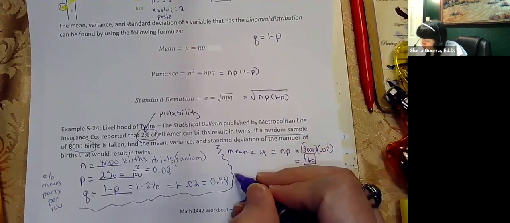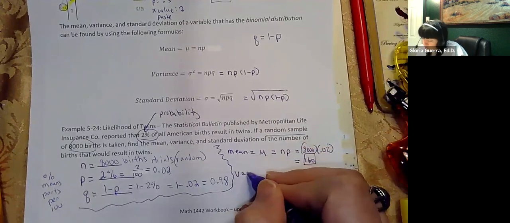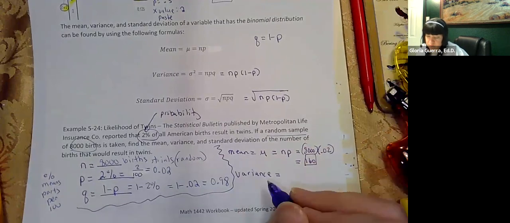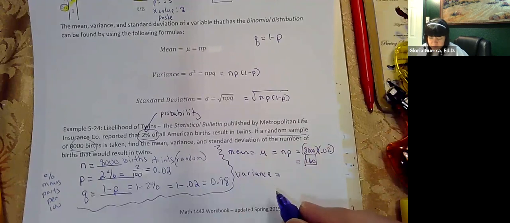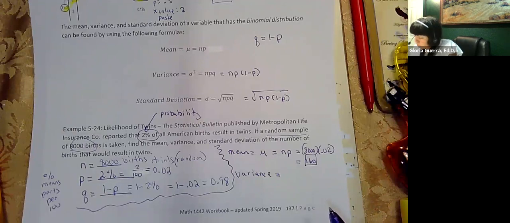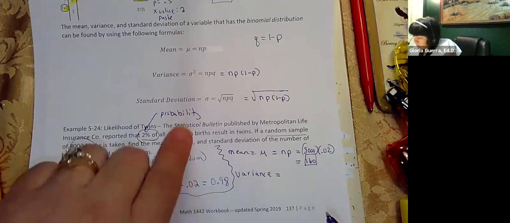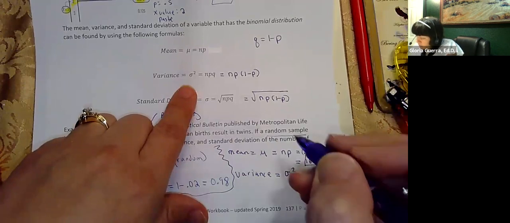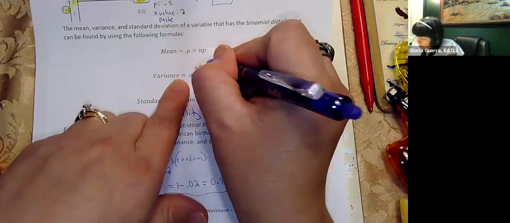Then variance, if you want to put in that same order. Let's see. Okay, so they use sigma squared, or you can use sigma sub x squared, right?